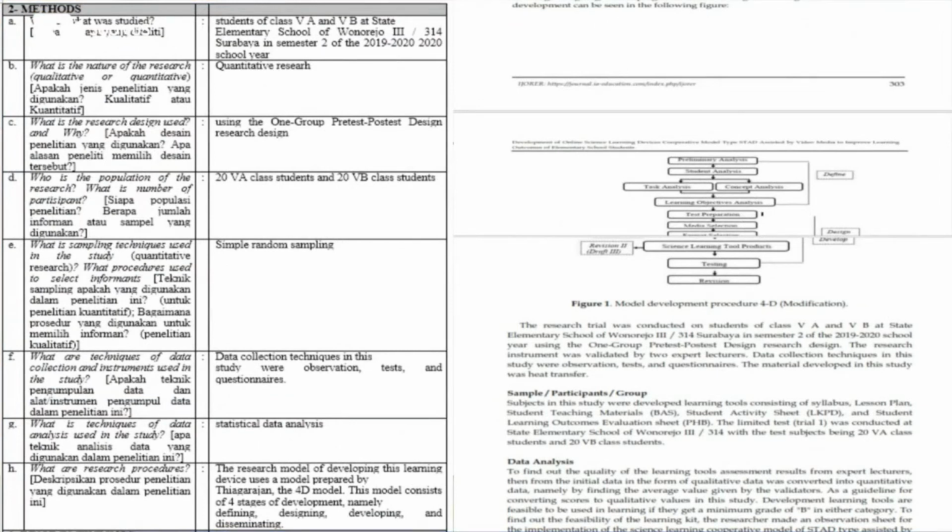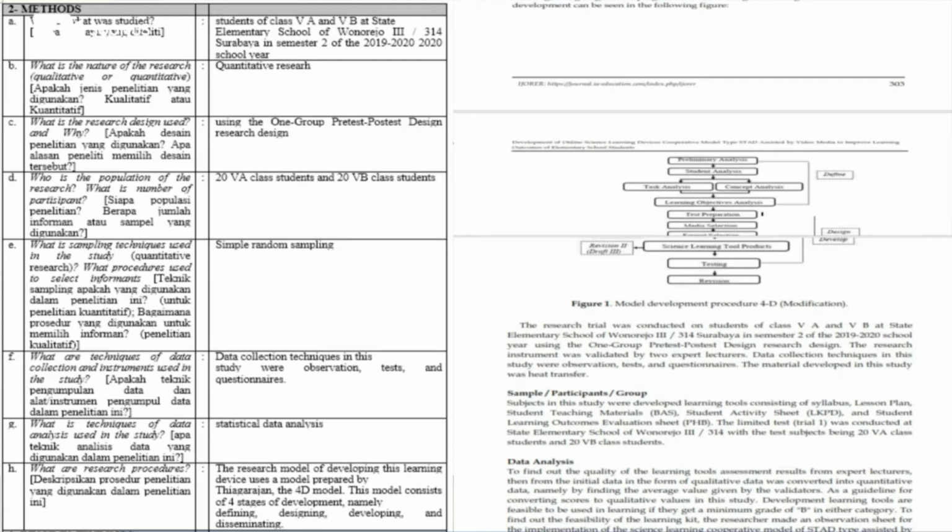IMRAD methods. The A point is who or what was studied. So, who here are the students of class 5A and 5B at State Elementary Schools of Wonorejo 314 Surabaya in semester 2 of the 2019-2020 school year.